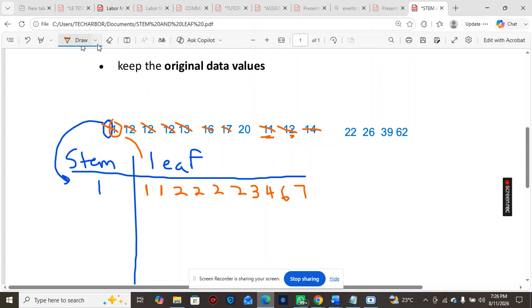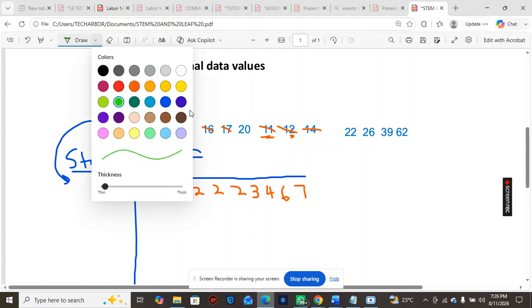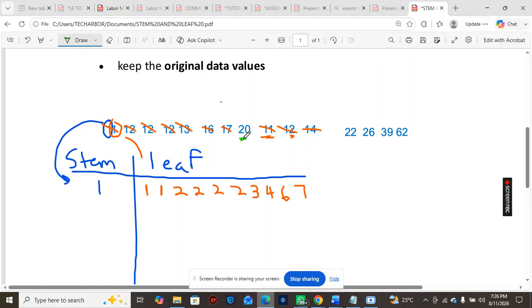The 2 comes here, and then the 0 comes here. For 22, as you can see, the last 2 comes here. 26, you put it like this, 26.